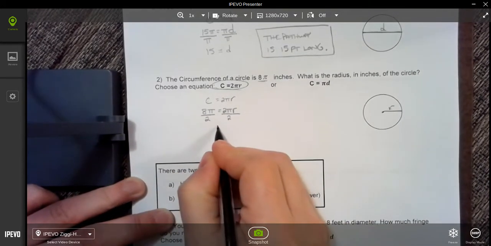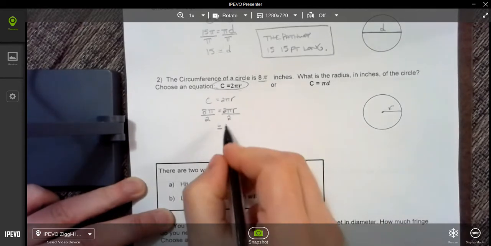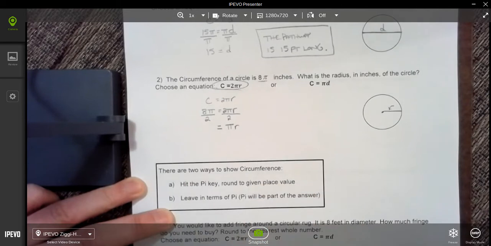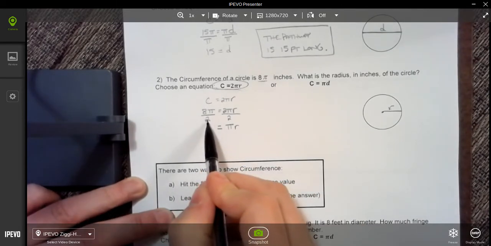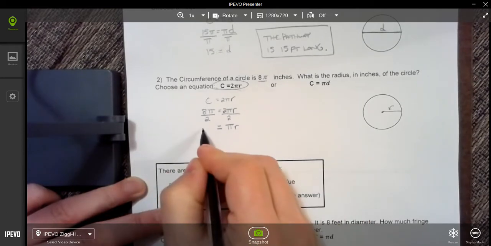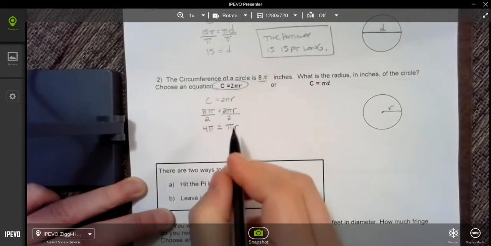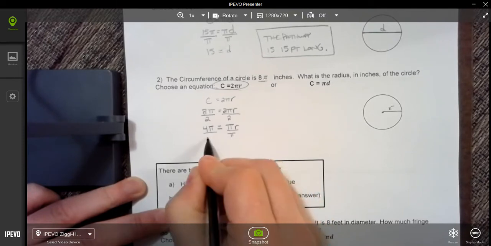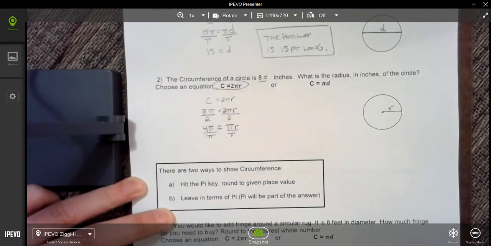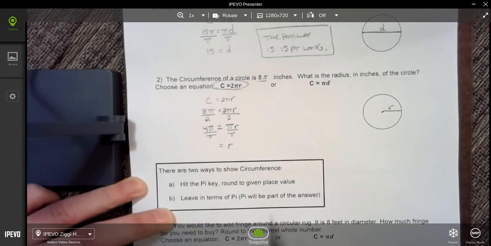On the right side, 2 divided by 2 is going to equal 1, leaving us with pi times the radius. And on the left side, 8 pi divided by 2. Well, 8 divided by 2 is 4, so that's going to leave us with 4 pi. Okay. R still isn't all by itself. We have one more step to do here, and that's going to have to be to divide by pi. Pi divided by pi is 1, so on the right, this is just going to leave us with the radius.